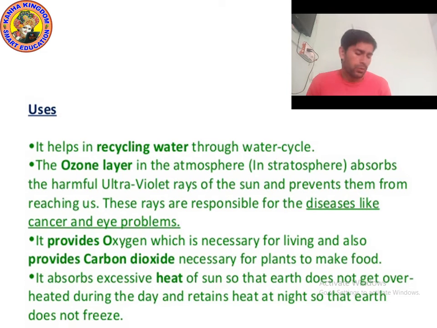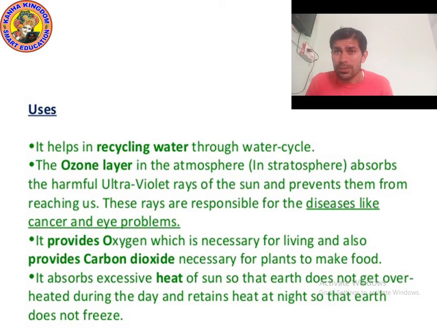Okay, and ozone layer is made of ozone gas, means 3 atoms of oxygen make the ozone layer. And this layer protects us from ultraviolet rays, which are very harmful. When the sunlight comes on the earth, it brings ultraviolet rays. Ultraviolet rays are responsible for many diseases.